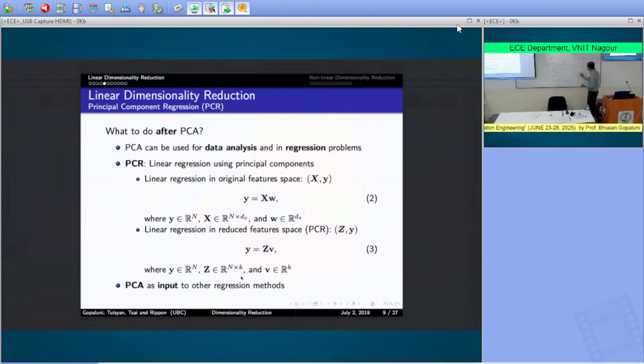So the variance explained by the principal components decreases as you go down your list of eigenvalues.